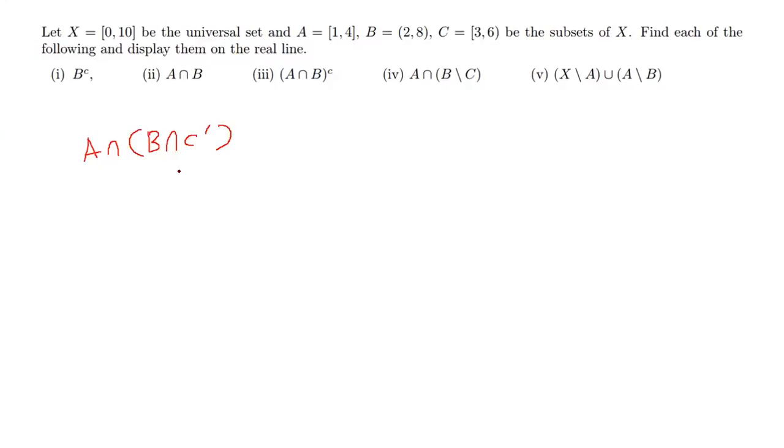You first have to use what we call BODMAS, meaning you have to start with what is in the brackets. So you first have to find B intersection C complement. The final answer that you're going to have, you intersect it with A. You find the common elements between B intersection C complement and then A. And then the final answer that you're going to find is the one that you're going to draw on the real line. Just as simple as that.